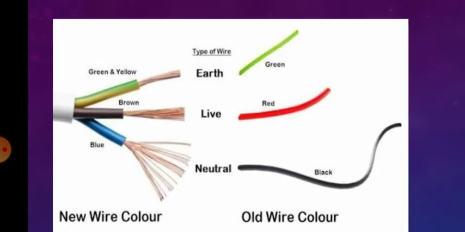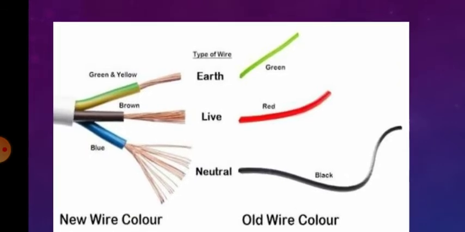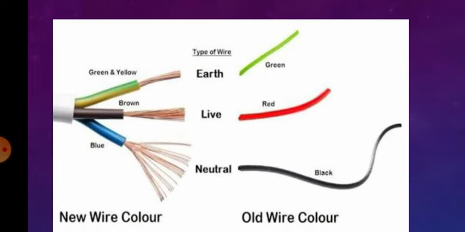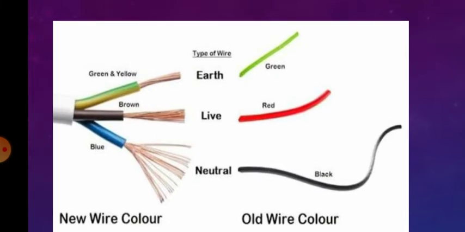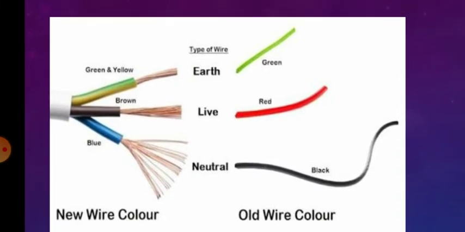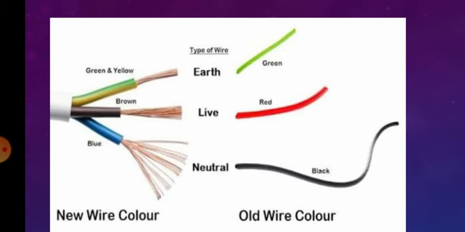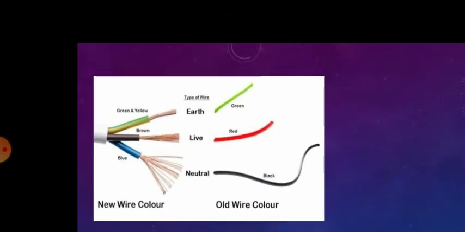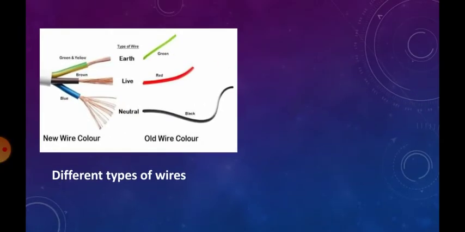This is how the wires are colored, so that the electrician will be able to know which is the live wire, which is the neutral wire, and which is the earthing wire. Now remember, dear students, that the potential difference between the live wire and the neutral wire is around 220 volts.